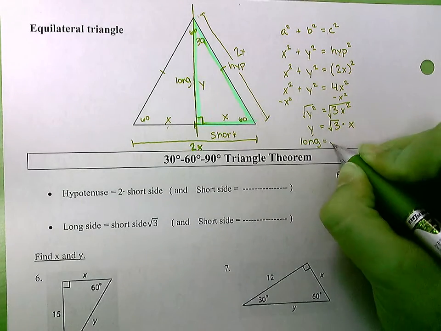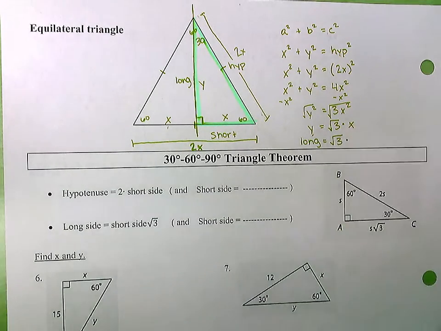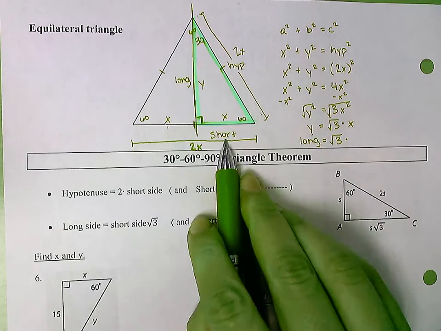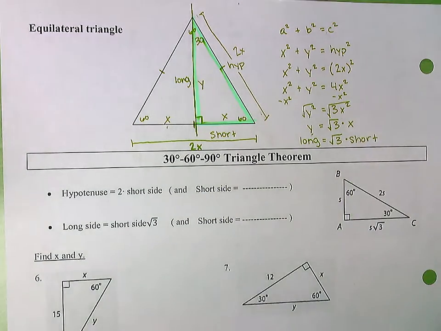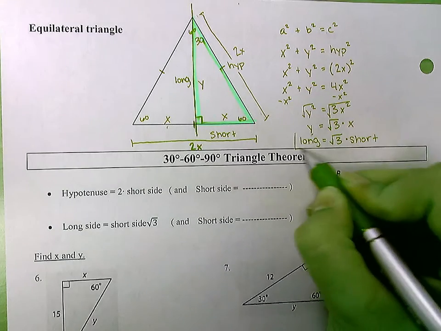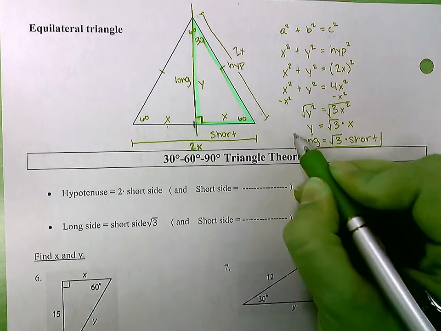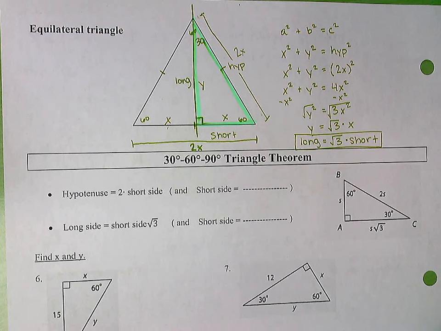That is equal to the square root of 3 times x, which was the short side. So this is the rule we're going to use. Your long side in that right triangle will be the square root of 3 times the short side.